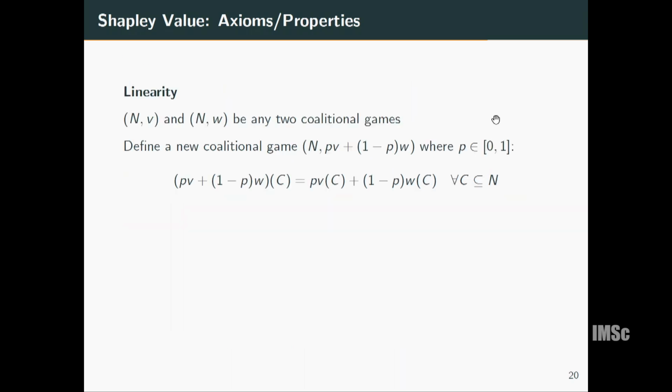Okay, so linearity says the following. If I have two coalition games with the same set of players, and the valuation functions are V and W respectively, and I consider a new coalition game where the valuation function is the convex combination of V and W, then the allocation that you have will also be the corresponding convex combination.